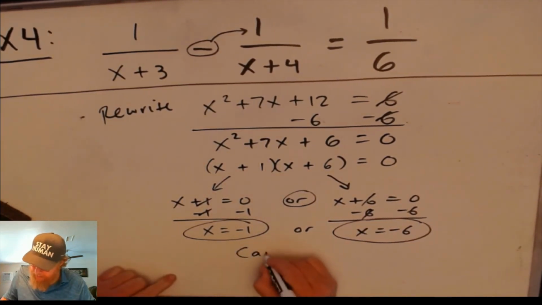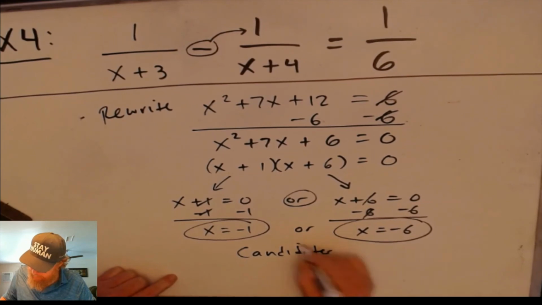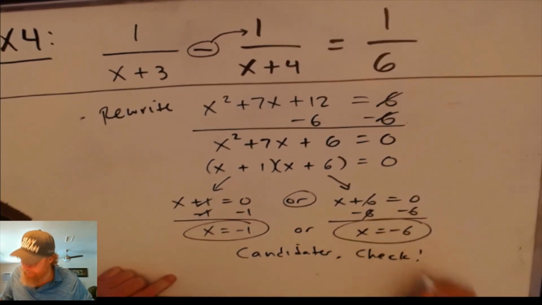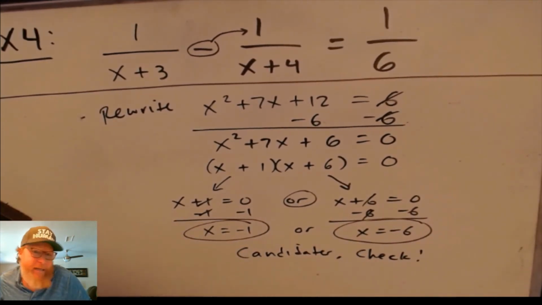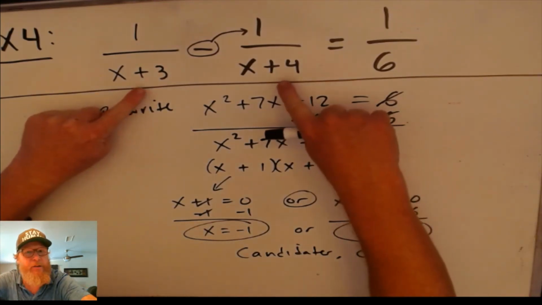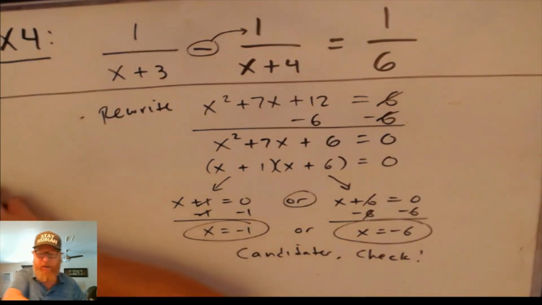These are our candidates. You should always check. You never know. They could both be right. All right. So go back here to the original equation and check our candidates.